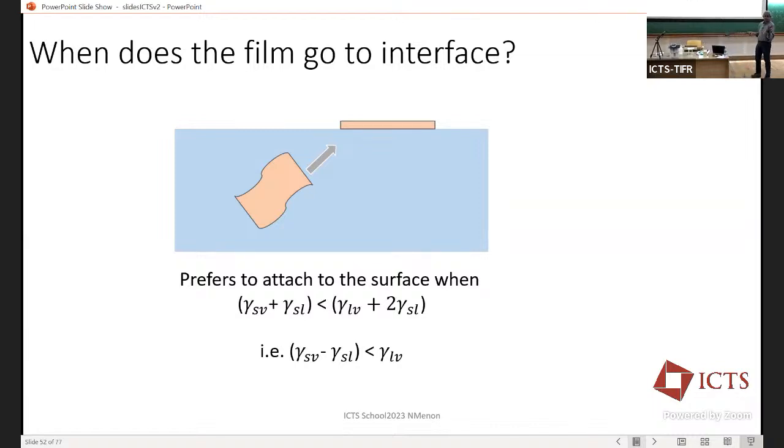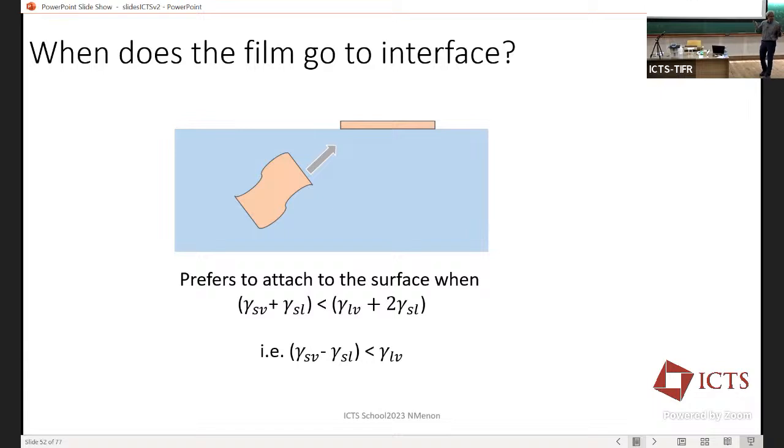Inside, I have 2 gamma solid liquid and an exposed piece of surface. If it's on the surface, I cover that piece of surface. I still have 1 gamma solid liquid and I have 1 gamma solid vapor. So if this is better than that, it's going to go to the surface.